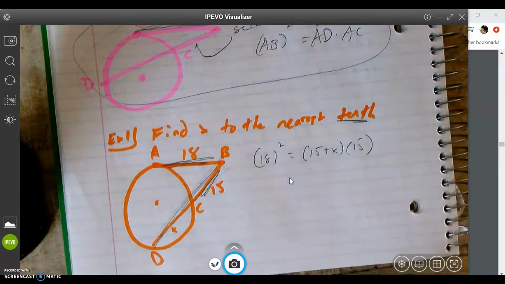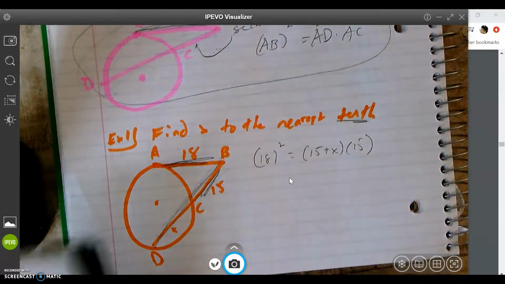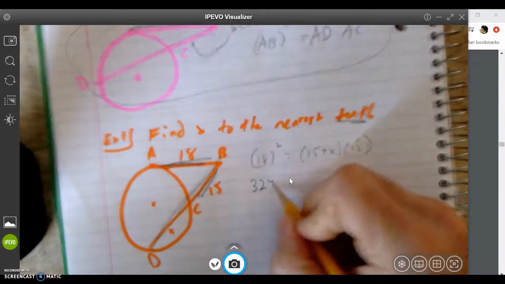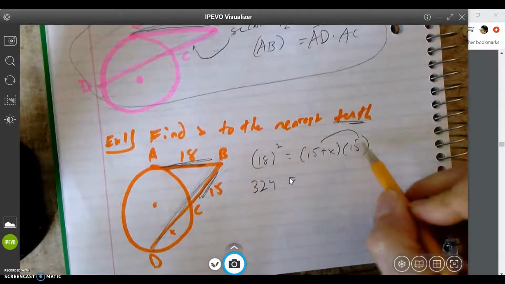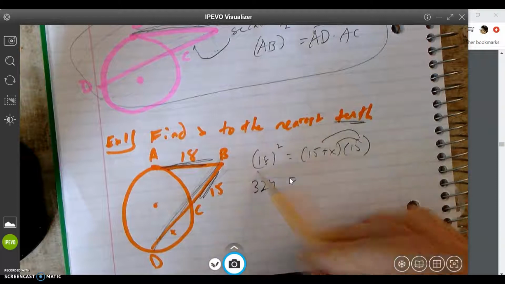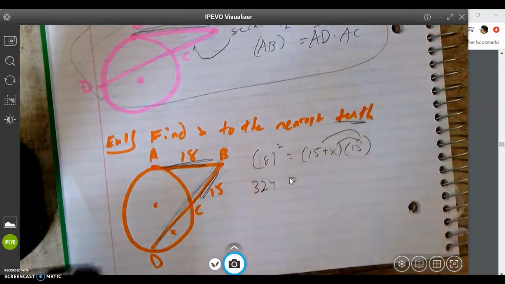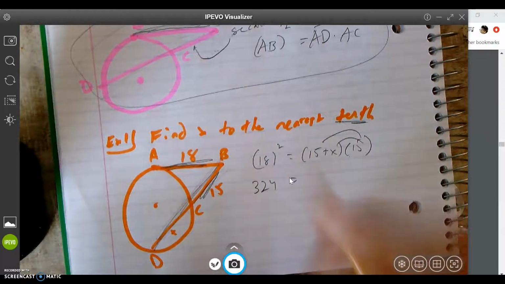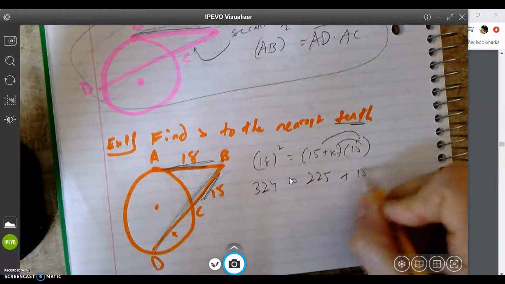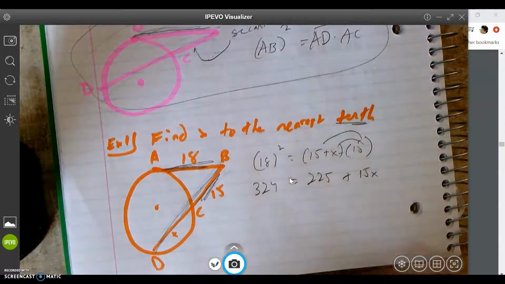Well, there's a bunch of ways we can solve it. We got to get our calculator out. 18 squared is 324. And this one you can distribute if you want, or you can just divide by 15. Doesn't matter. So 15 times 15 is going to be 225 plus 15 times x, which is 15x. Cool. All right.